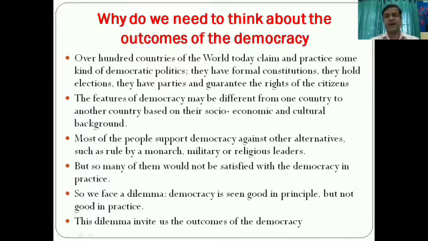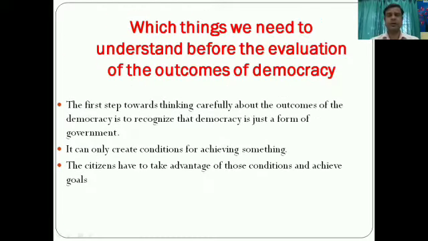So we face a dilemma. Democracy is seen as good in principle, but not good in practice. Means by principle, it is very good, but in practice, it is not good. This dilemma invites us to examine the outcome of democracy. Then which things do we need to understand before the evaluation of the outcome of democracy?